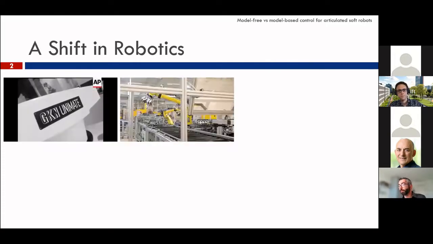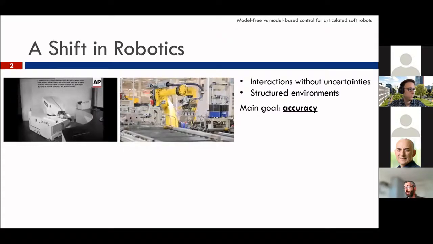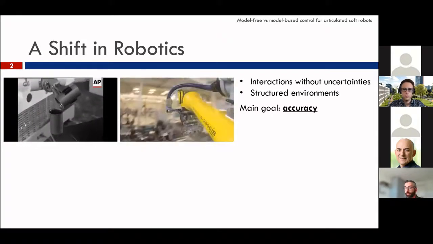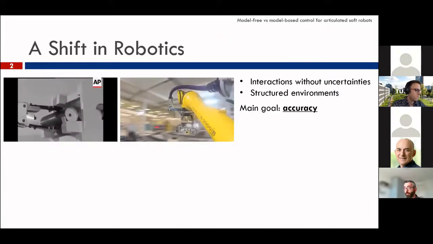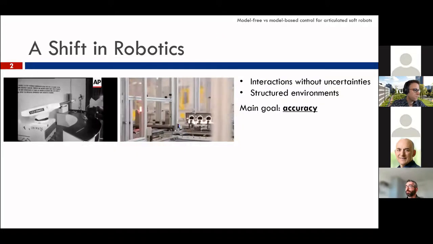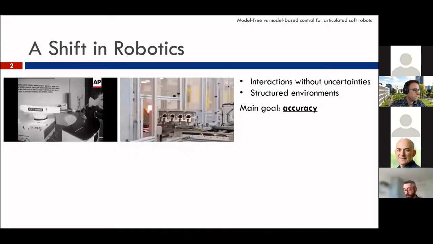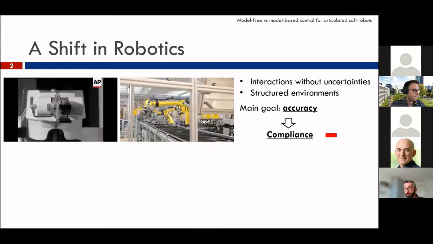Traditionally, robots were mainly used in industries where the environment is structured and there are very few or no interactions, no uncertainties. Here, the main goal is accuracy, and compliance is seen as a drawback.